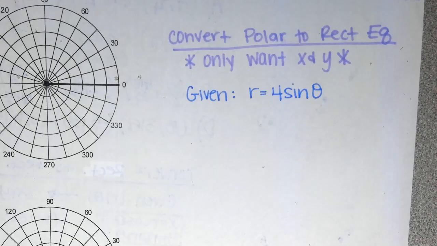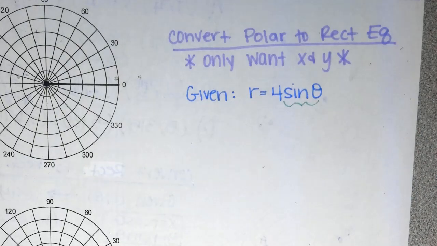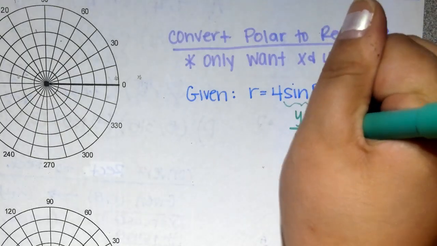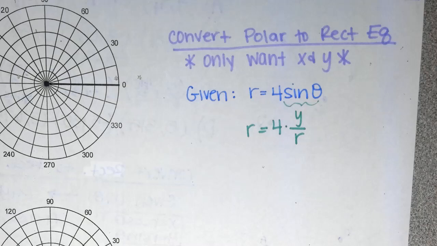Before we do that, my suggestion is if you have a trig function, don't we know how to turn that into x and y? What is sine of theta? Do you agree sine of theta is y over r? And I'm going to bring down everything else.